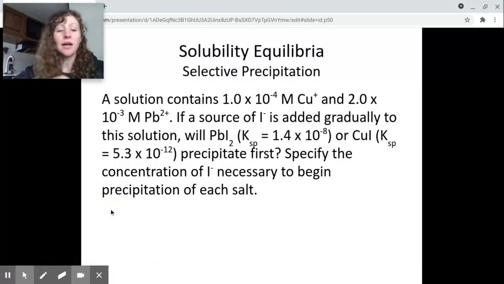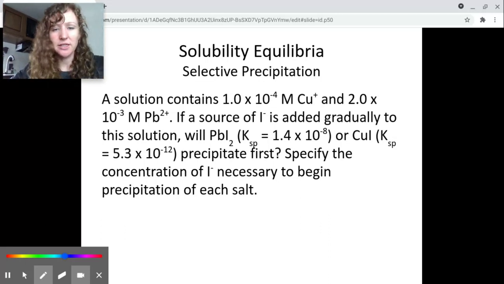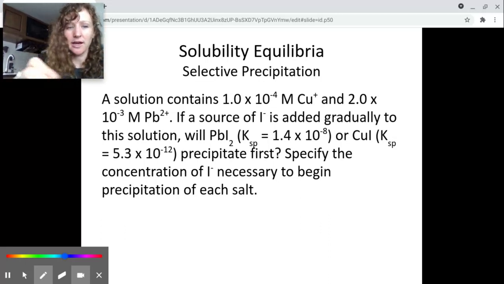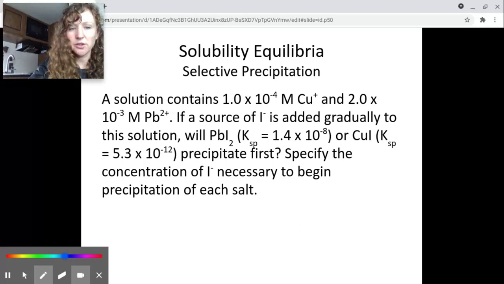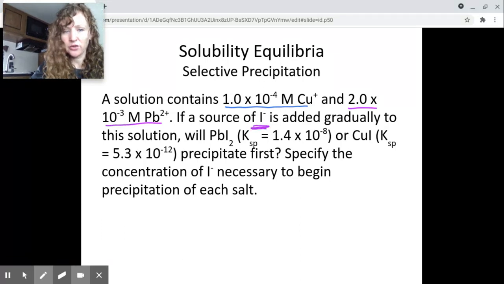Okay, this one's on selective precipitation, so slightly different context. Let's do this one together now. All right, a solution, we have a molarity of copper, and a molarity of lead. If a source of iodide is added gradually, will PbI2 or CuI precipitate first?